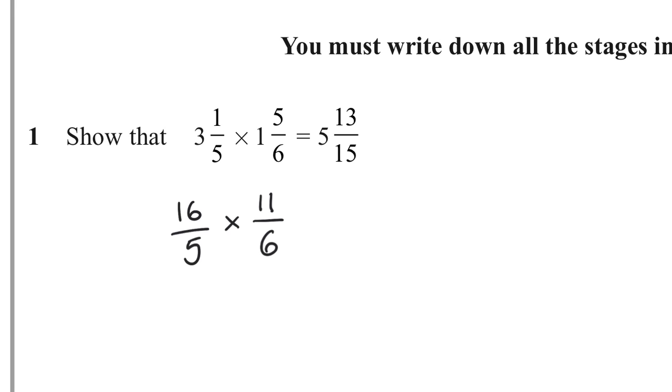Now, we need to actually do correct cancelling or multiplication. Now, as you know, we've been working with algebraic fractions. We are going to do the cancelling method. Okay? If we think about this, we have 16 times 11 over 5 times 6. Wait there guys, you don't need to write this red bit. Without actually working this out, okay? Do they have a common factor on the numerator and the denominator?